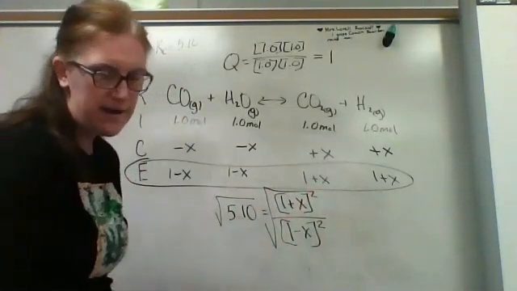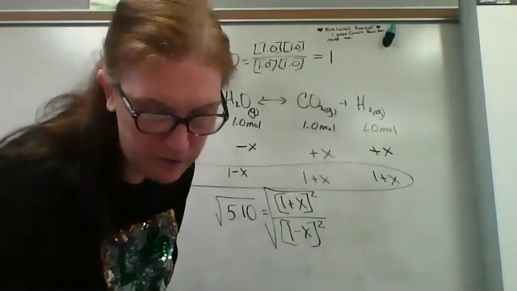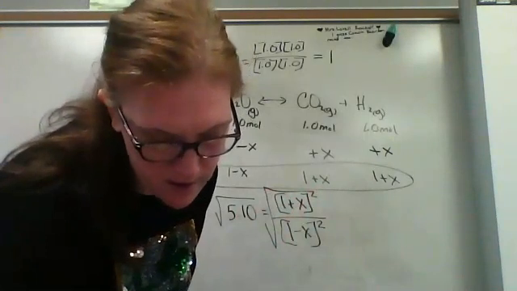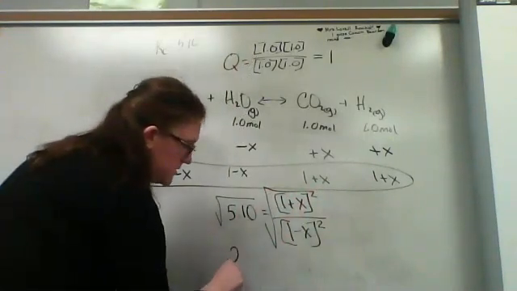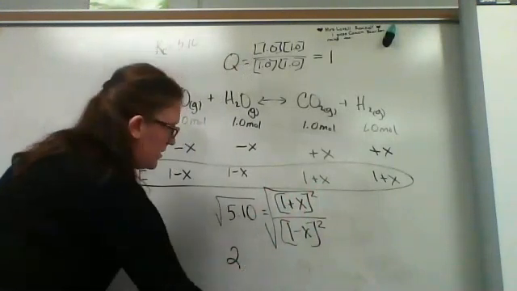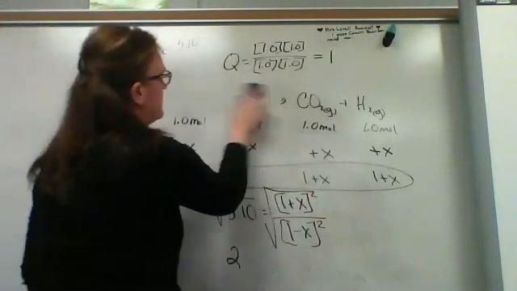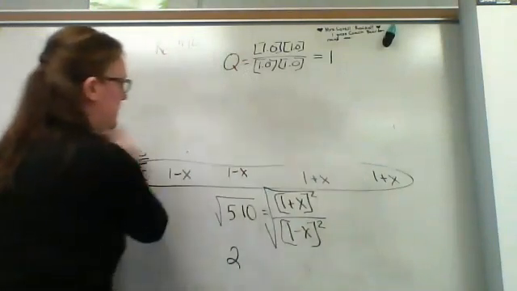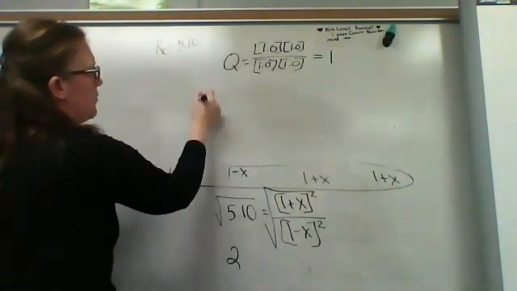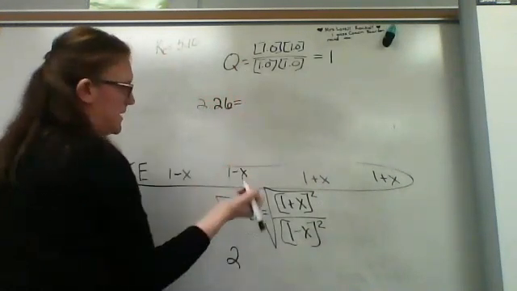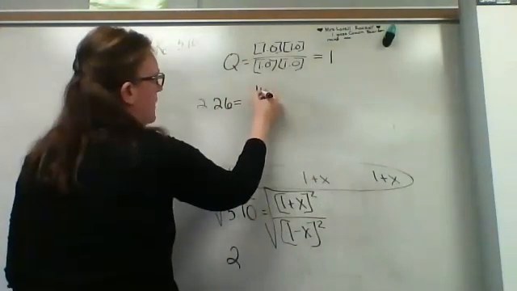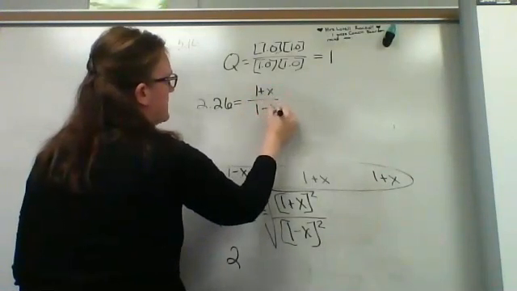So I'm going to take the square root of 5.10, which is 2.26-ish. I'm going to erase this so you can see. So I'm going to say 2.26 is equal to 1 plus X over 1 minus X.